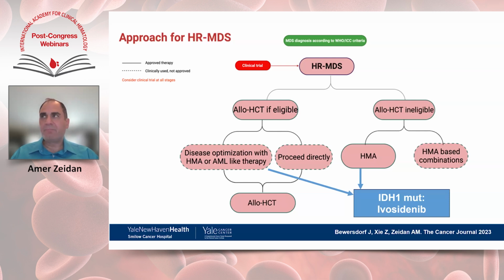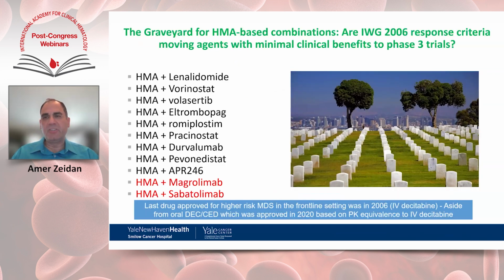The main update in the last year was the approval of the first drug after HMA failure, which was ivosidenib, an IDH1 inhibitor, which is an effective drug. But the problem is IDH1 mutations occur in less than 5% of MDS patients. So it's not a frequent mutation, but certainly worth checking for, because the drug is certainly active in those patients who have the mutation.